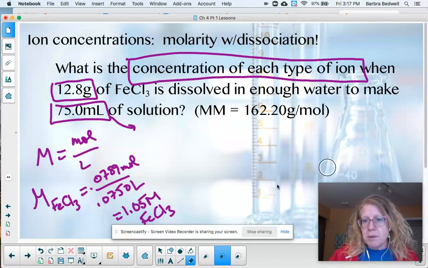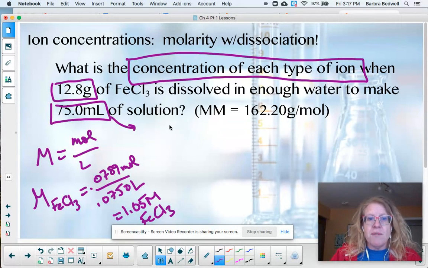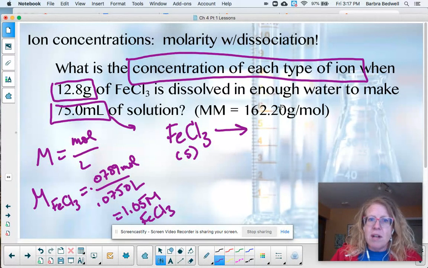Okay, so I'm going to erase. So I know that if I have a 1 molar solution of FeCl3, let's think about the dissociation of that. If I start with this, how is that thing going to break apart? This is the solid. When I dissolve it in water, it's going to separate into its ions. So what ions are present?